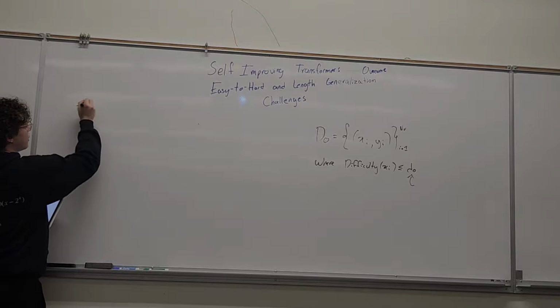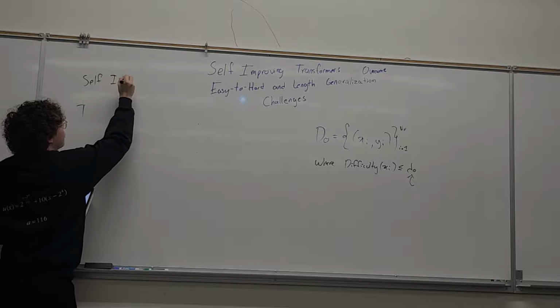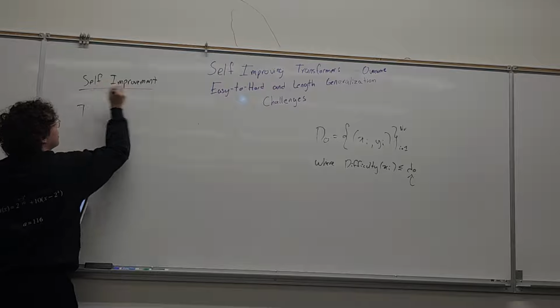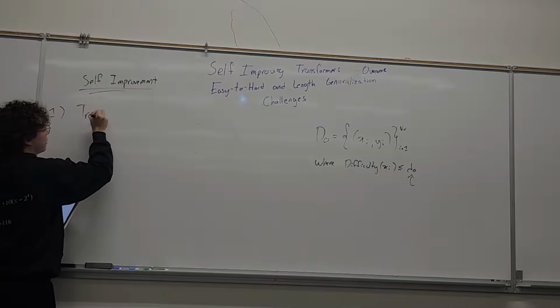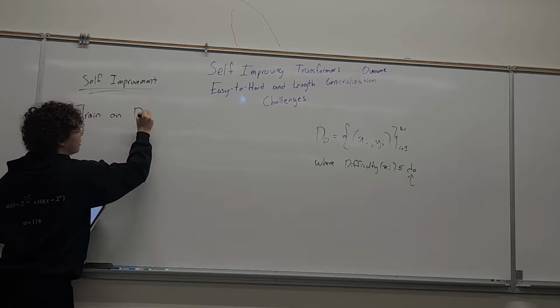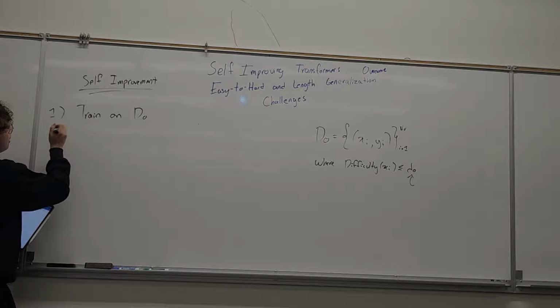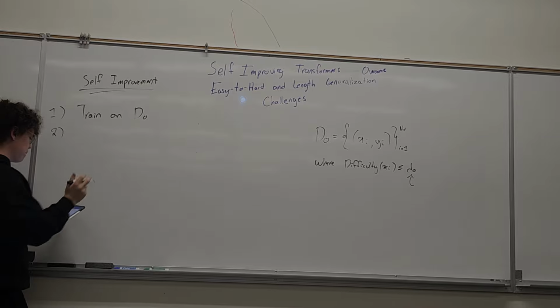Makes sense, right? So first, we train on D0 just to start with, and after that we do the actual self-improvement framework.